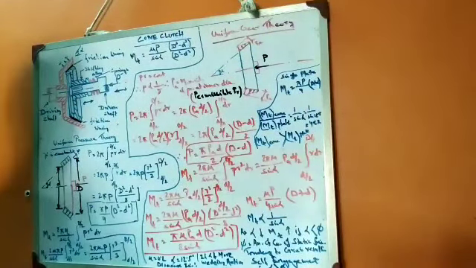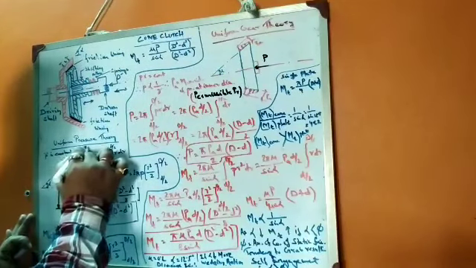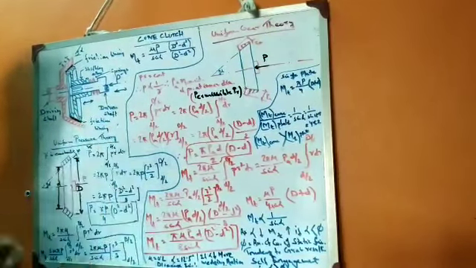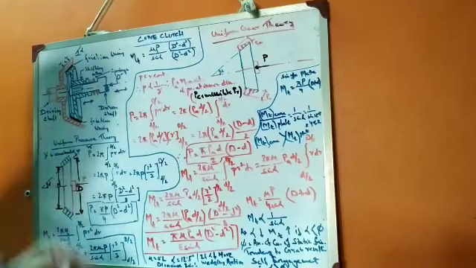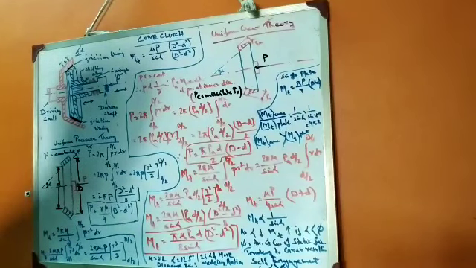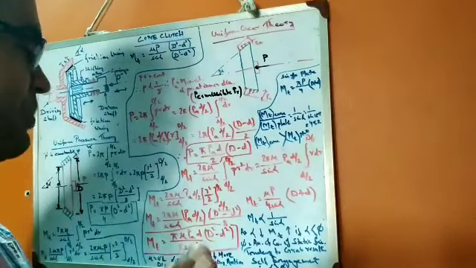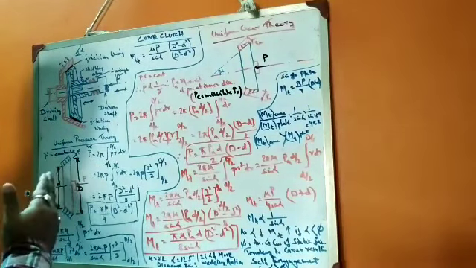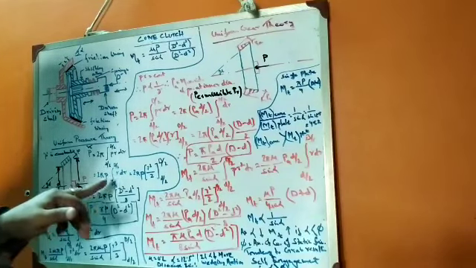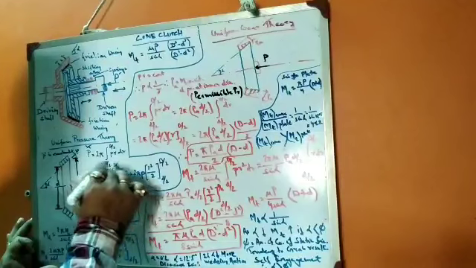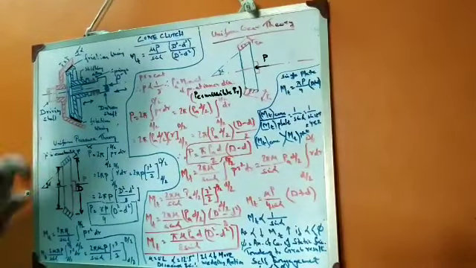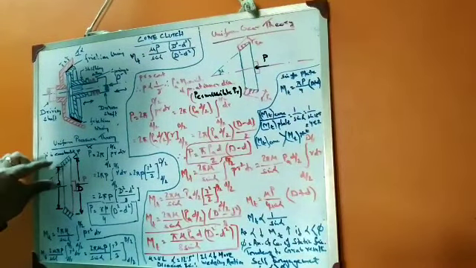Now for this we have found the expression. Previously, in my first lecture, you got P equals 2 pi, in the limit of small d by 2 to capital D by 2, of PR dr. For constant pressure, this P will come out of the integration, and we integrate only on the basis of the radius, which varies from small d by 2 to capital D by 2, the small diameter to the bigger diameter.